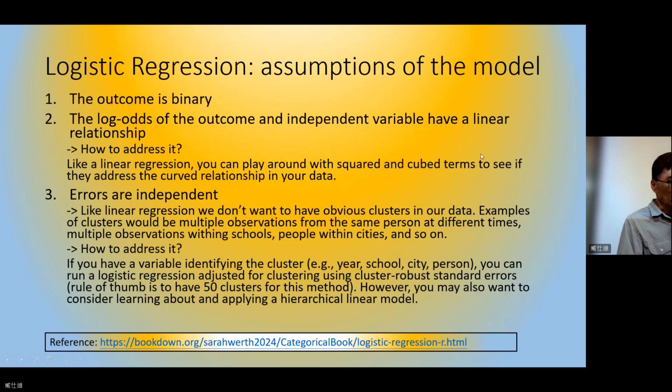So how do we prove that there is a linear relationship between the log odds of the outcome and the independent variables? Like linear regression, we can play around with square or cube terms to see if they address a curved relationship in your data. You can use this approach to verify that a linear relationship exists.